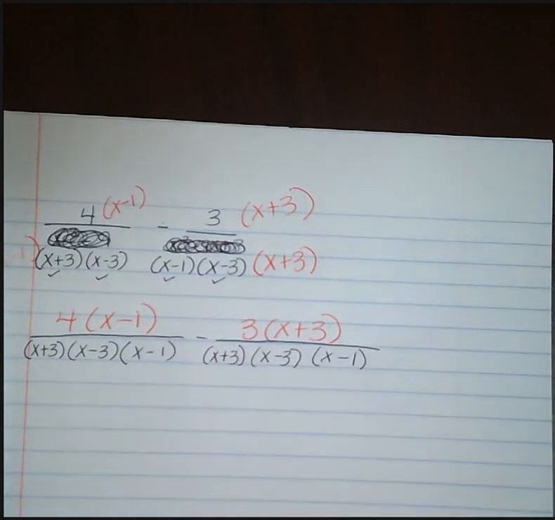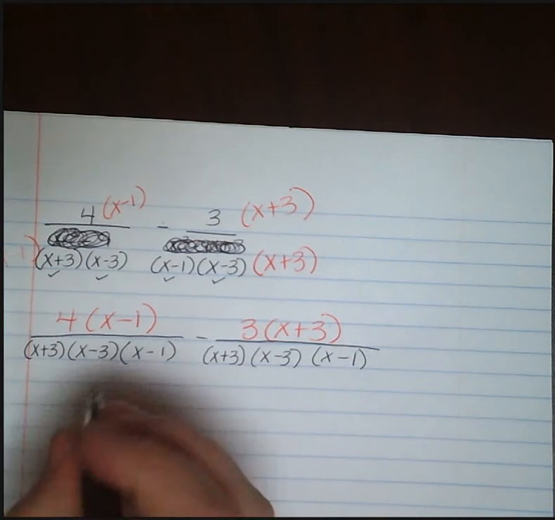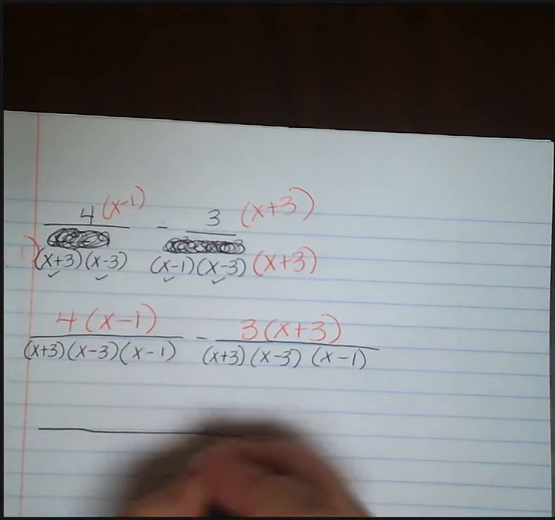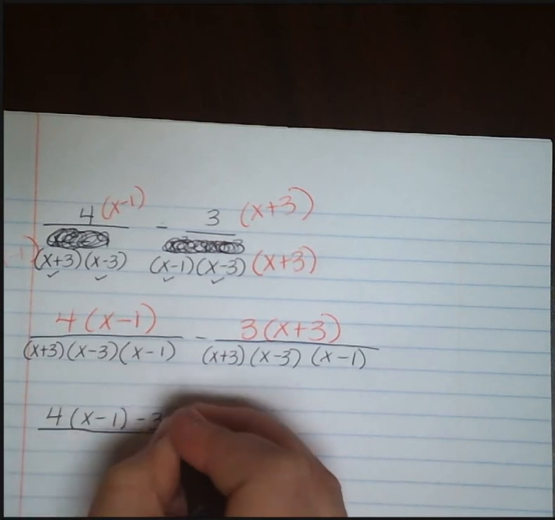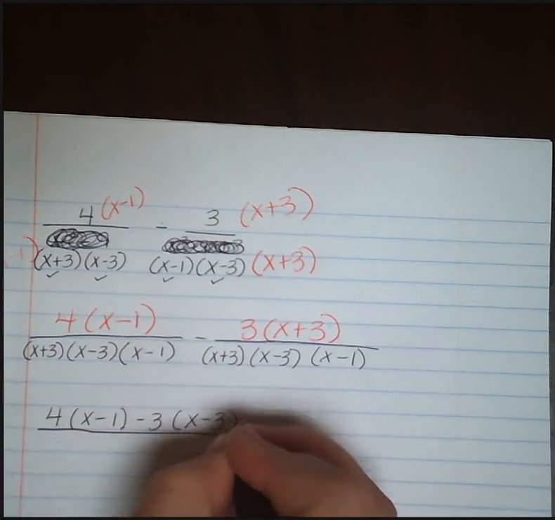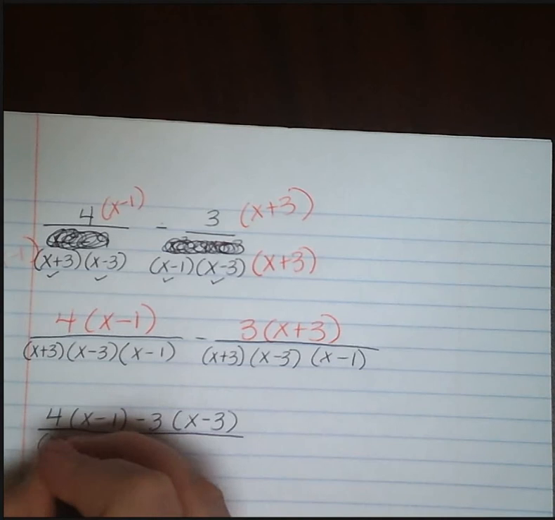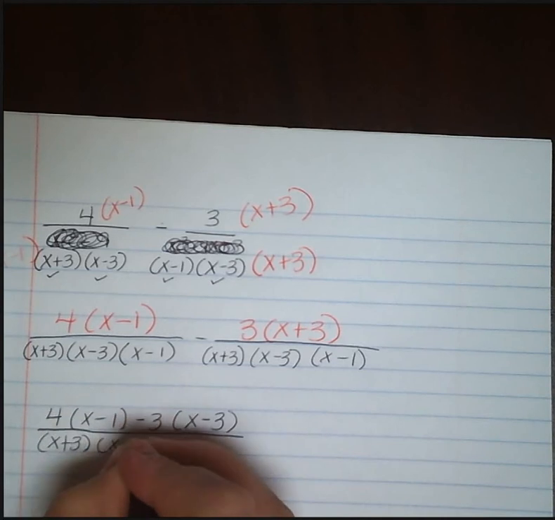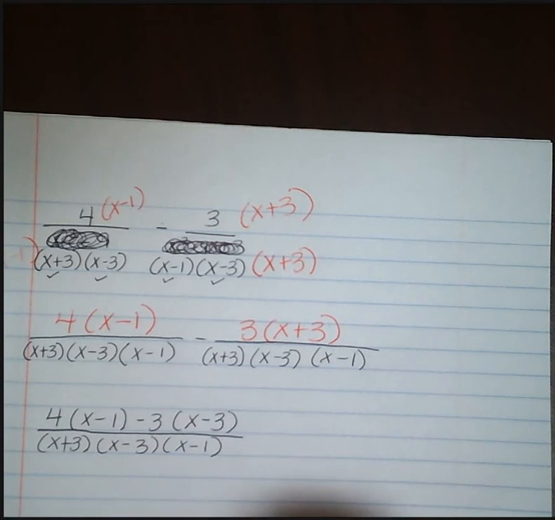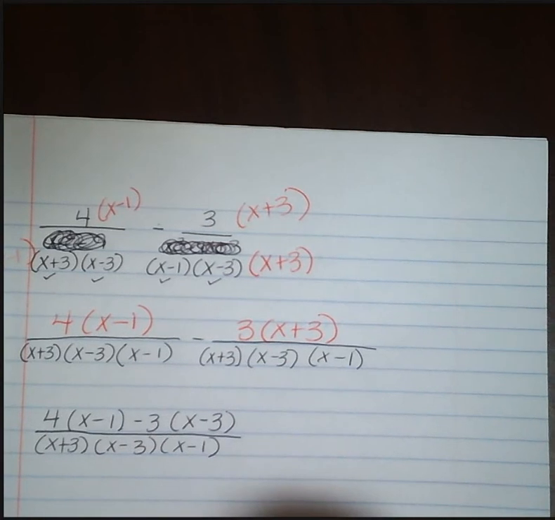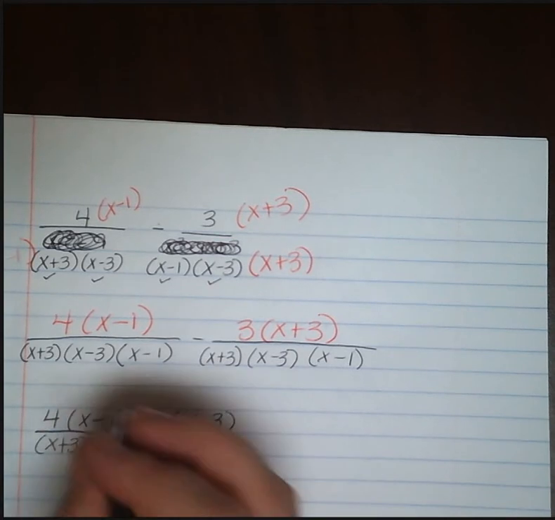Now I write everything over the same denominator. You cannot simplify yet because you have to combine your entire numerator first. So I'm going to distribute.